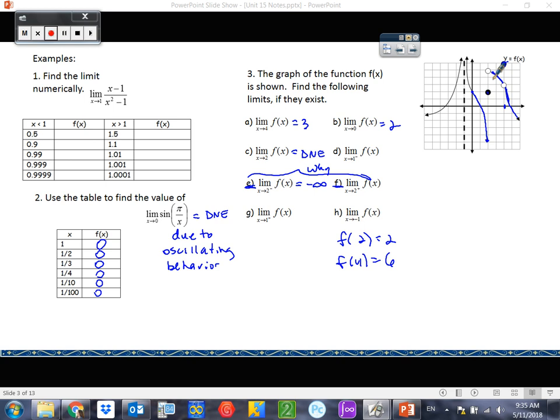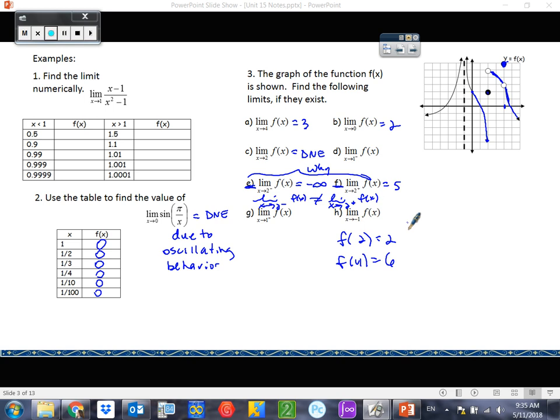What y value am I approaching coming from the right, headed to an x value of 2? 5. Are those values the same? No. That's why the limit doesn't exist: the two values coming from either side are not the same. So we say the limit as x approaches 2 from the left of f of x does not equal the limit as x approaches 2 from the right of f of x.